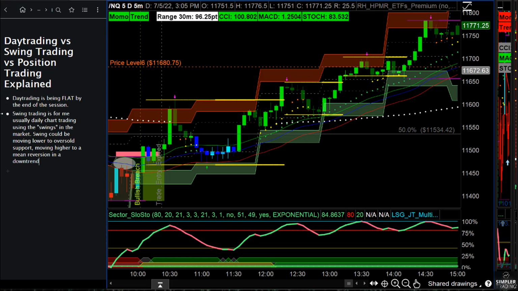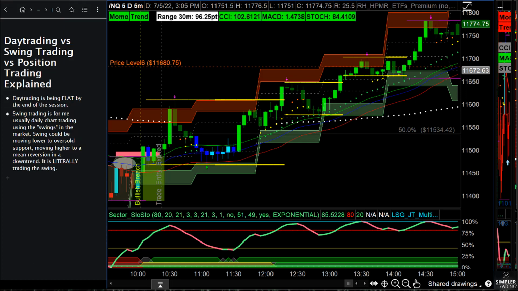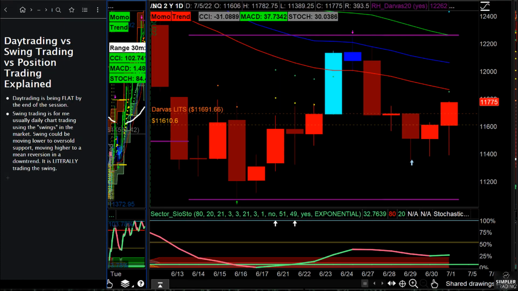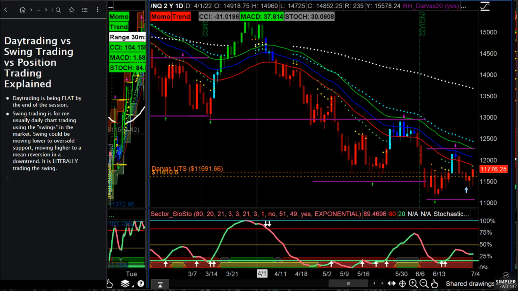So swing trading is literally trading the swings. It is literally, for me, trading the swings. I'll correct that typo. And I think, again, if you think about what it is you want to do, it doesn't have to be trend following, although trend following swing trading is my favorite.